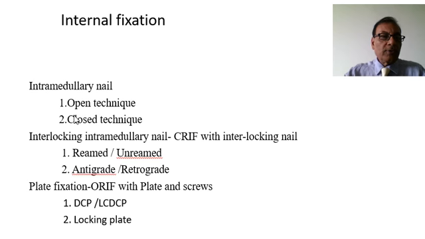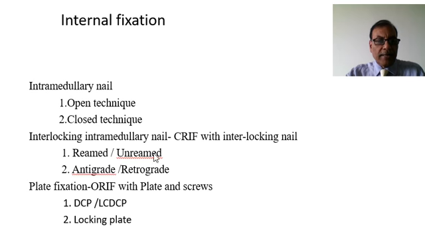So we come to a conclusion. Intramedullary nail, we are not doing nowadays simple intramedullary or K nail. We are doing interlocking intramedullary nail, and that too with the reduction by close means. So close reduction and internal fixation with interlocking nail.